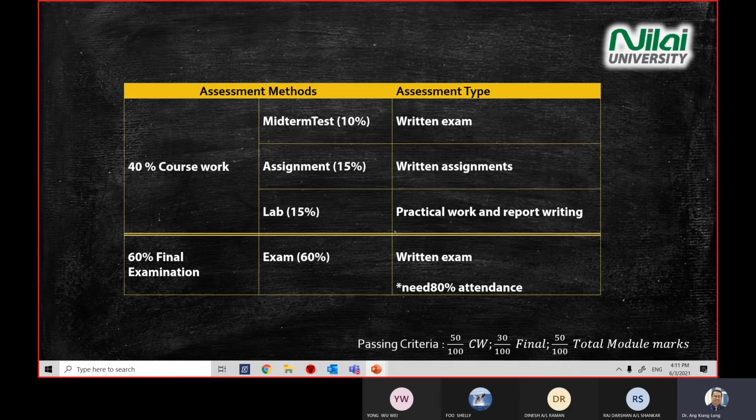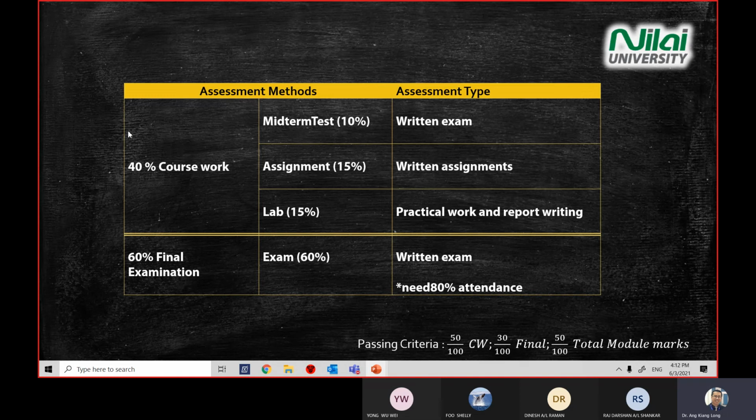For this module, you need to score total marks of 50 out of 100, meaning 40% plus 60%. You need to have a minimum of 50%. For coursework, you need to score 20 out of 40 in this component.